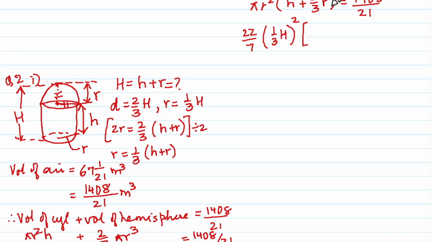Oh, yes, ma'am. If we have H, then we can substitute H as 3r. But I think keeping r intact will be better. This will be r square, and what is the value of h?